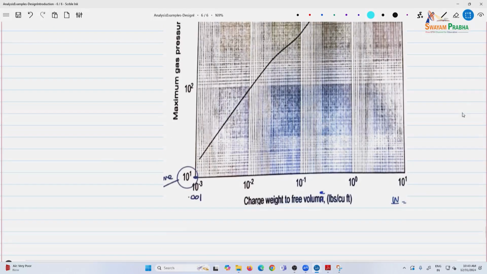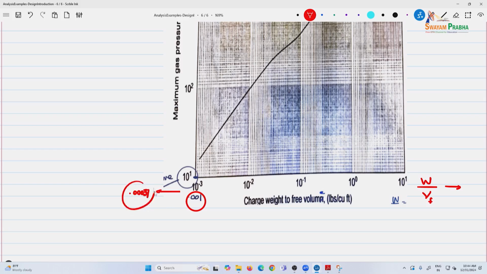Okay. So here, if you see, this is W by charge weight to free volume ratio. And this is the maximum gas pressure, and what we are getting is 0.0001, sorry, 0.00037, our example.